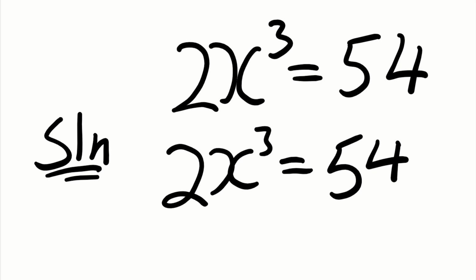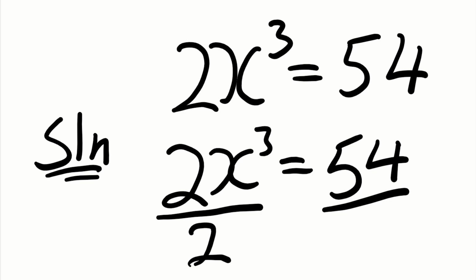So what I have to do is divide both sides of the equation by the coefficient of s cubed. So let's go. I have 2s cubed divided by 2 and 54 divided by 2, right?